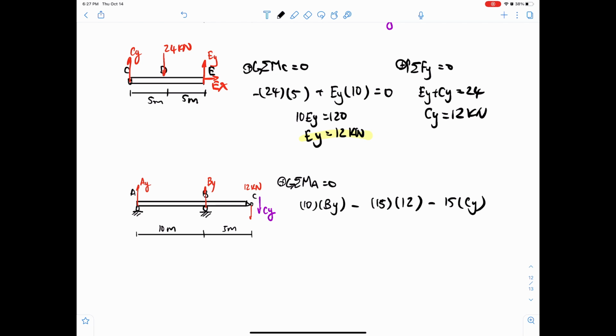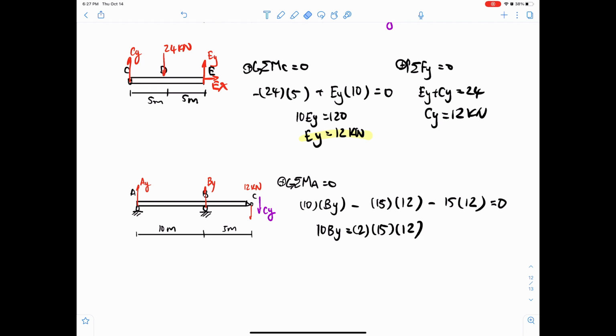That's the moment caused by CY. And I believe that's all the moments there, so that's equal to 0. Now we know our CY value to be 12, so we can just change that out right now. And we have 10 BY equals 2, 15, and then 12. That's just from these two here.